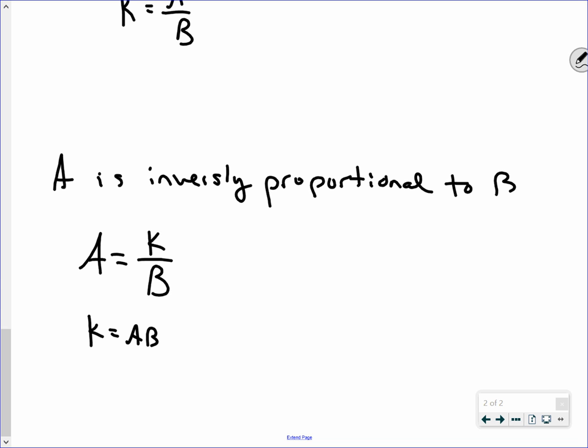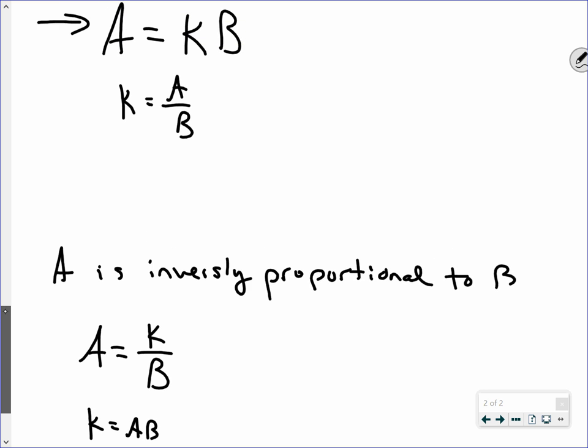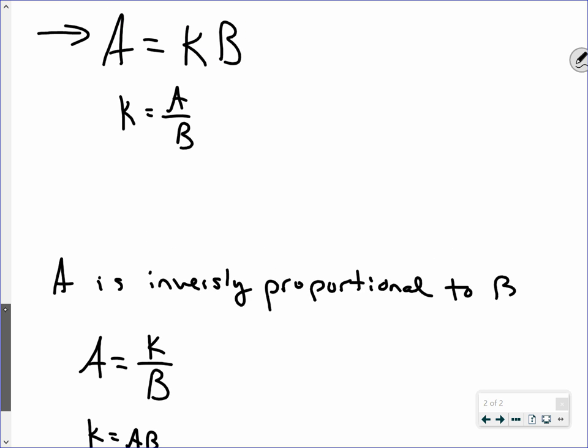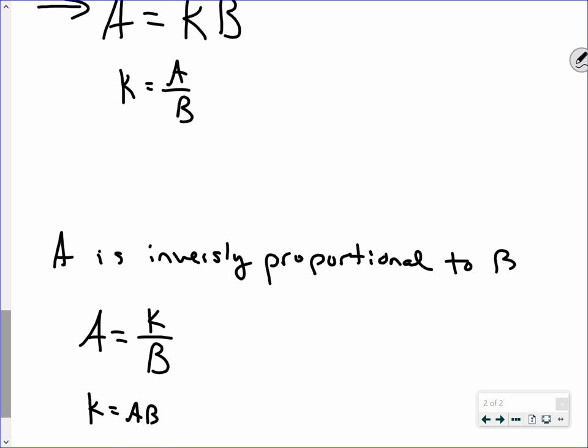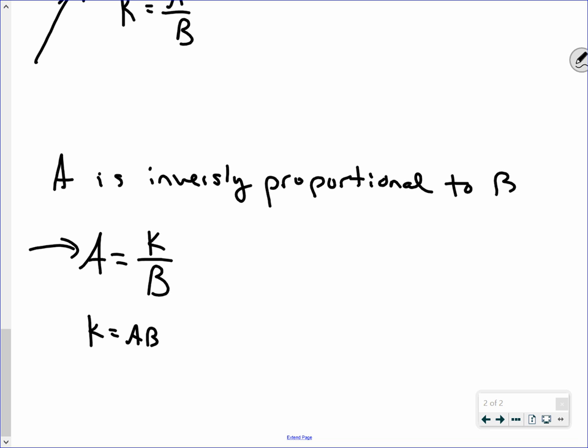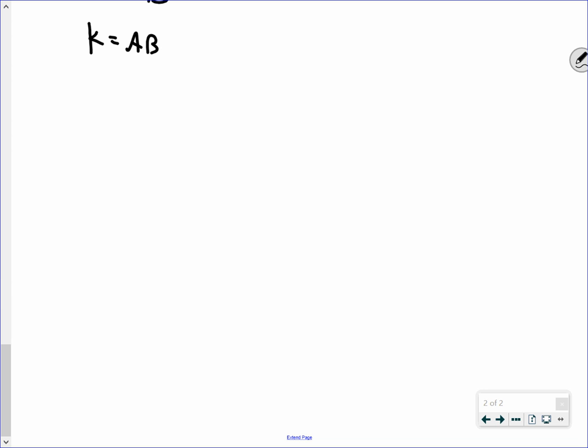I would stick to one or the other because, as you can see, they both have a form in multiplication and a form in division, and you can get a little bit confused if you're not paying real close attention. So I try to stick to the first one. When they're proportional, as B increases, A increases. As B decreases, A decreases. And when they're inversely proportional, as B goes up, A goes down, or as B goes down, A goes up. So it's reversed, okay?